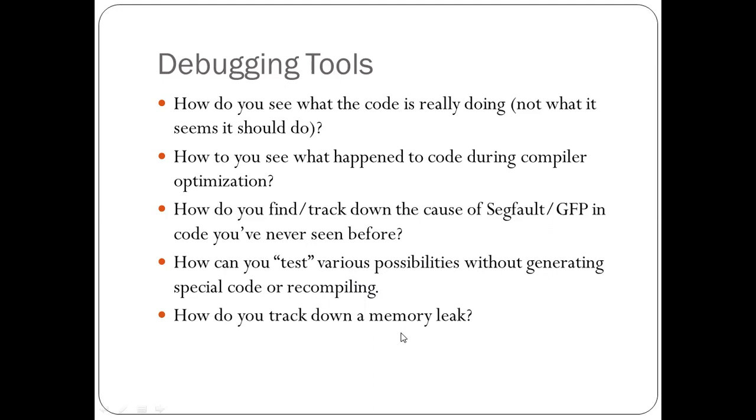So there are several questions about the debugging tools. How do you track down a memory leak? If there is a problem of memory, then how can we track all those memory leaks? As we use a number of debugging tools, we can overcome all such types of problems.